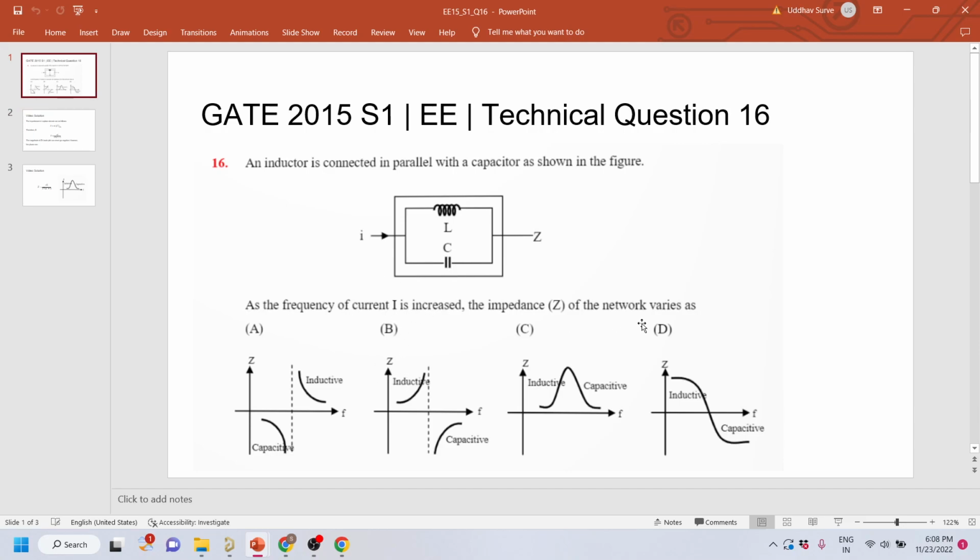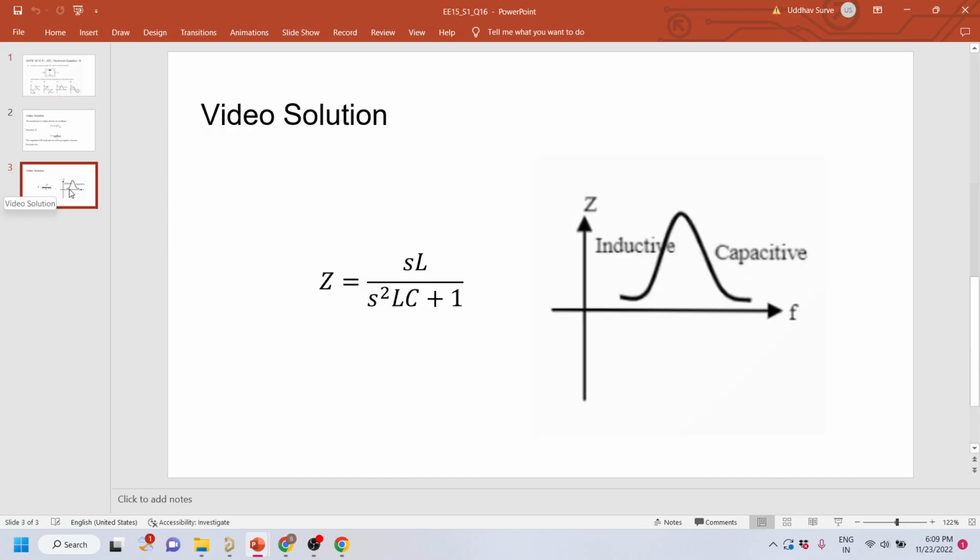Here they are talking about the magnitude plot. They might trick you with negative impedance, but strictly from the magnitude point of view, C is the option that matches. If you put S equal to 0, it will be 0, and S equal to infinity, it will be 0.